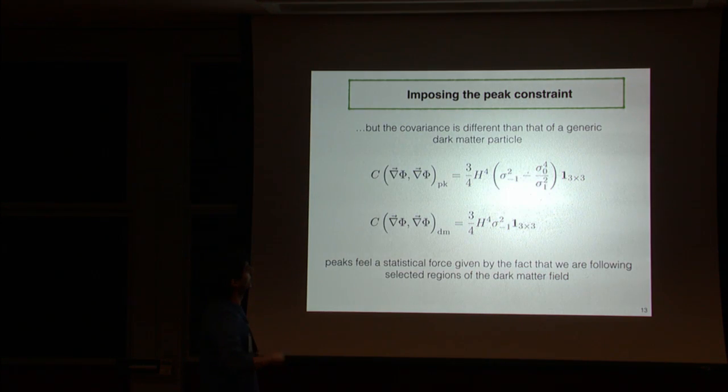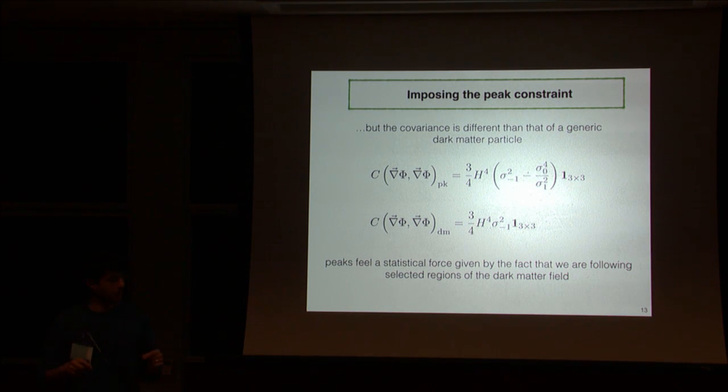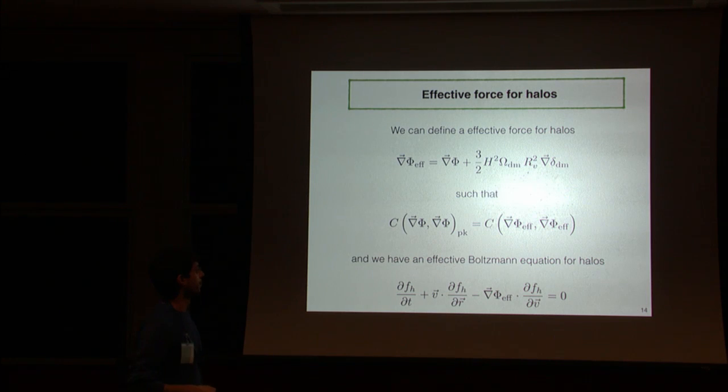But on a statistical level, when we go to the covariance, we find a different covariance, and this difference goes like moment sigma 0 fourth over sigma 1 squared, and means that peaks feel a statistical force given by the fact that we are selecting regions, or better here, points of the dark matter field.